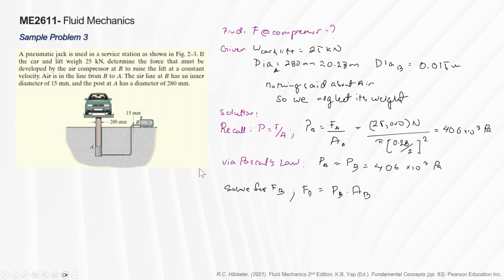So the air compressor must develop, isolating the formula, the product of the pressure we got times the area at point B, which is pi over 4 times 0.015 squared. It's the same thing. Cancel the meter squared, so we will get 71.747. So just imagine that you only need 71.7 newtons to lift 25 kilonewtons.